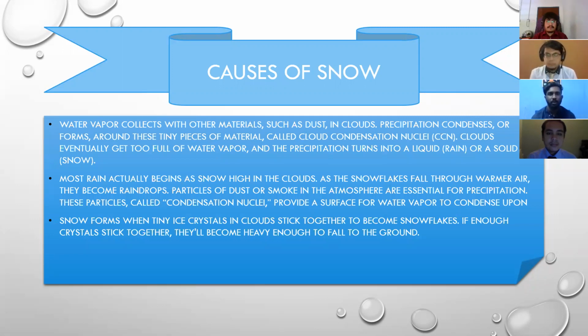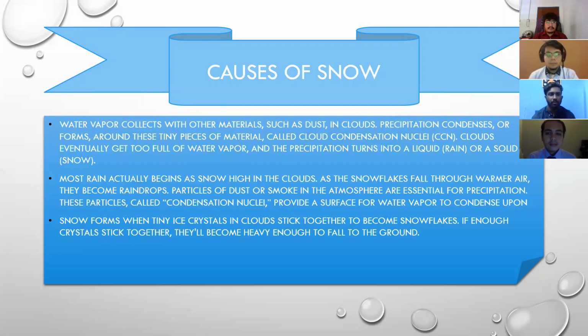Next. Causes of snow. Water vapor collects with other material, such as dust, in clouds. Precipitation condenses or forms around these tiny pieces of material, called cloud condensation nuclei. Clouds eventually get too full of water vapor and precipitation turns into liquid or solid.